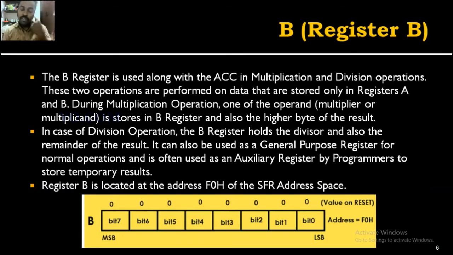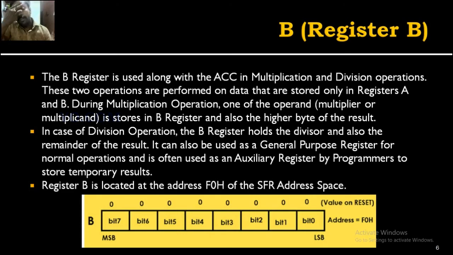Whenever we do multiplication and division, one data operand should be present in the accumulator and the other in the B register. The B register can hold the multiplicand or multiplier, and the A register holds the other one. Then after the execution, the result is stored in the A register and B register.